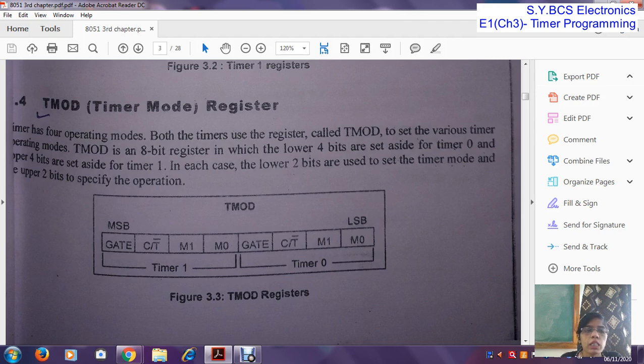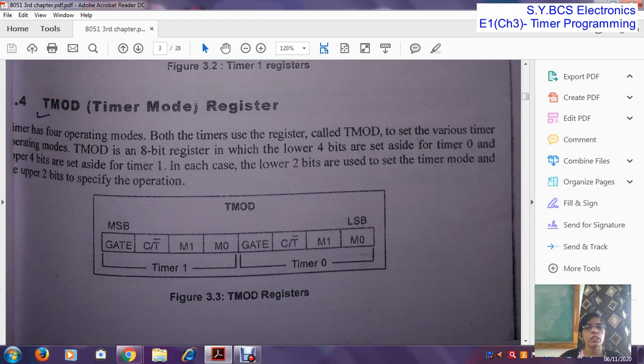Both timer 0 and timer 1 have four operating modes: mode 0, mode 1, mode 2, and mode 3. So these two timers are programmed in different modes. Both timers use the register called TMOD, and TMOD means timer mode control register.